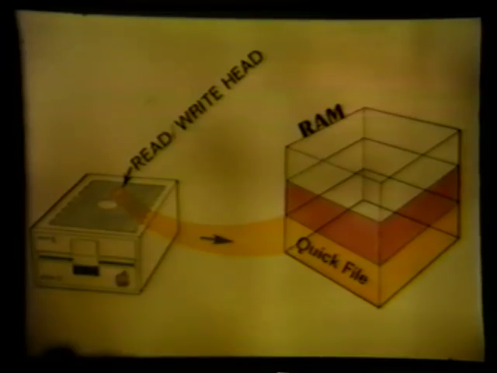This is sent to RAM. When the whirring stops and the light goes out, the first operation is complete. The program is transferred into the random access memory of the computer.